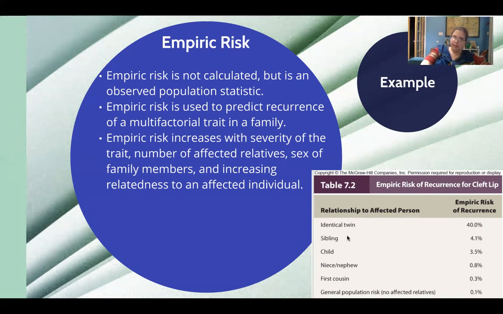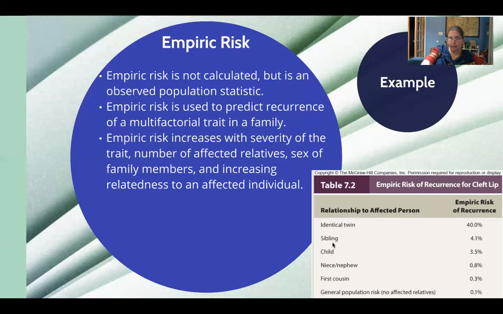So if an identical twin has a cleft lip, then the person has a 40% chance of also having one. If a sibling, so non-identical twin, any other kind of sibling, has a cleft lip, then there's only a 4.1% chance of getting it.